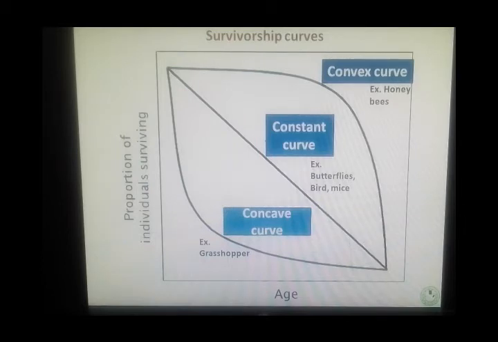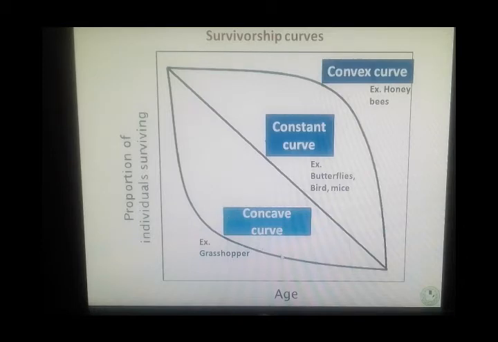And the third type of the survivorship curve is known as the concave one. In this case, the mortality during the early life is quite high, which results in a very sharp decline in the population.